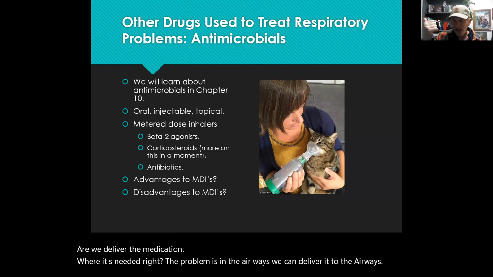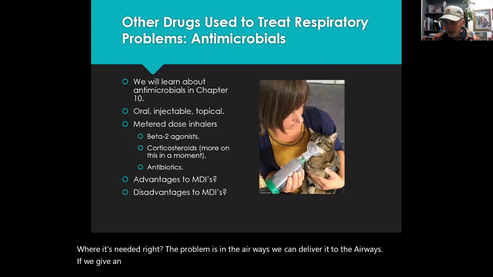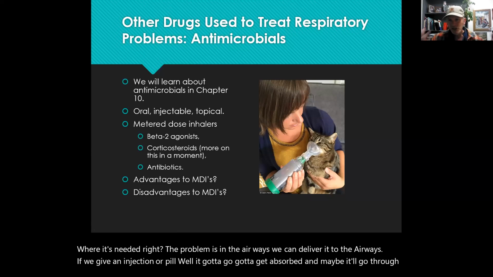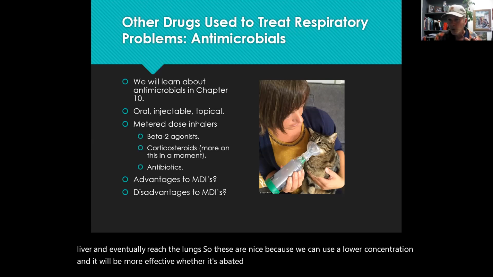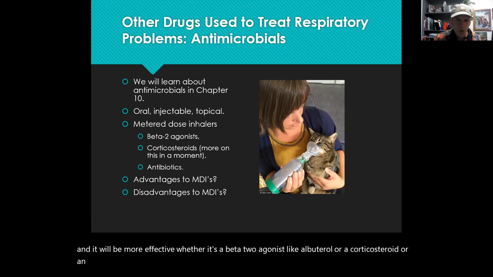If we give an injection or a pill, well, it's got to get absorbed, and maybe it'll go through the liver and eventually reach the lungs. So these are nice because we can use a lower concentration and it'll be more effective. Whether it's a beta 2 agonist like albuterol or a corticosteroid or an antibiotic, it's more effective.